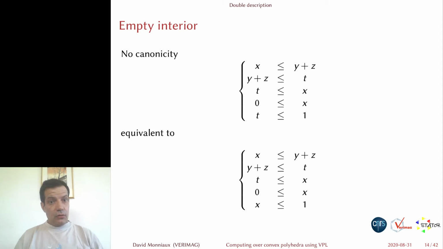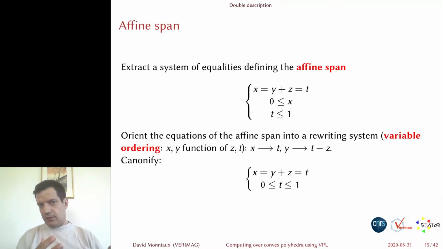So, how can we recover canonical representations in this case? First of all, you extract the space in which your polyhedron lives. This is called the affine span. So this is done by linear algebra, really. You compute a system of equations that describe this affine span. And you orient the equations that define this affine span using a variable ordering.